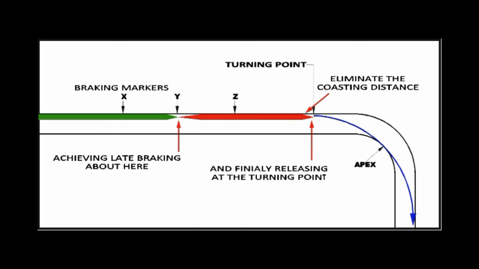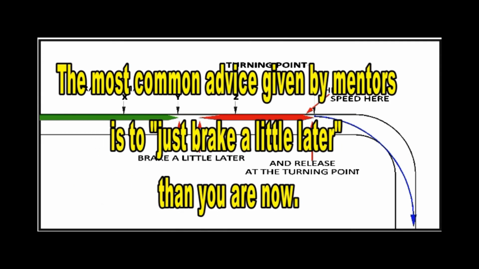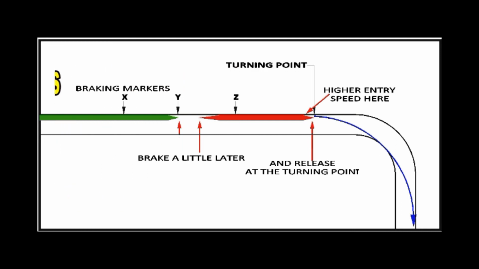Well, how do you reduce braking distance? Well, once again, there's a couple of different ways to do this. The most common advice given to new riders by mentors is to just brake a little later than you are now. This will reduce the amount of speed scrubbed off by the time you get to the turning point. But there is one small problem with just braking later, and that is a word I use: commitment.